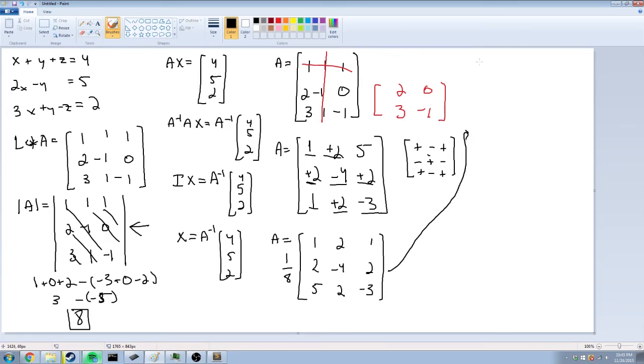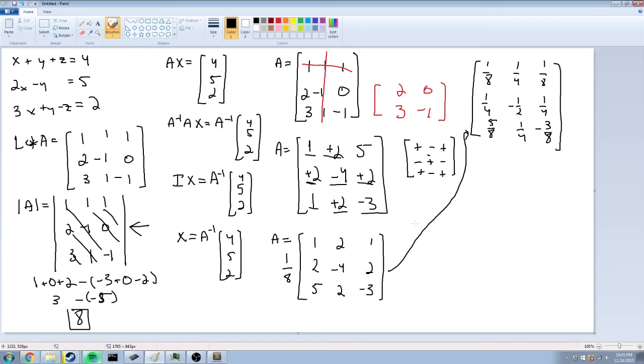So then that would be 1/8 times 1 is 1/8, 1/4, 1/8, 1/4, negative 1/2, 1/4, 5/8, 1/4, negative 3/8.